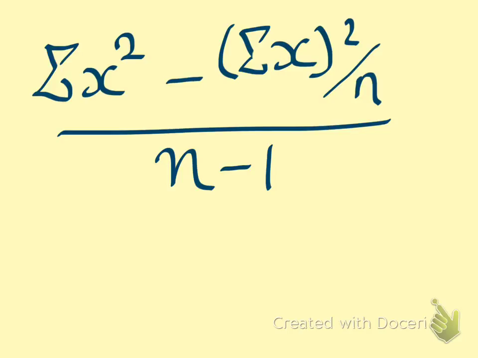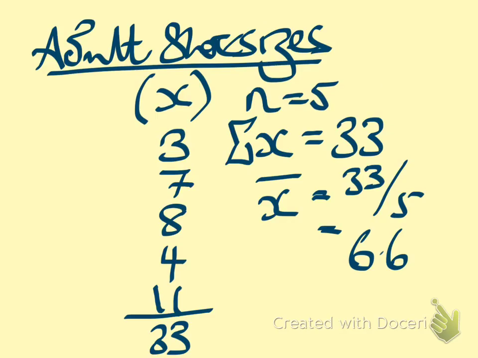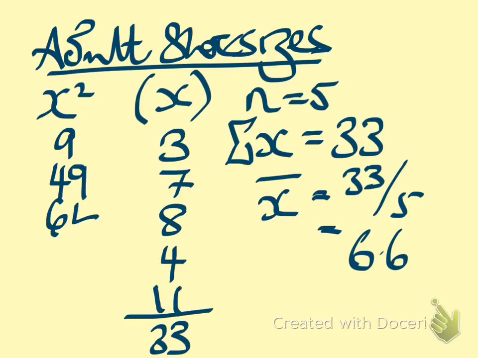So if we go back to the data on our first sheet, the first thing we need to do is calculate the square values for all of our x's. So 3 squared is 9, 7 times 7 is 49, 8 squared is 64, 4 squared is 16, and 11 squared is 121.